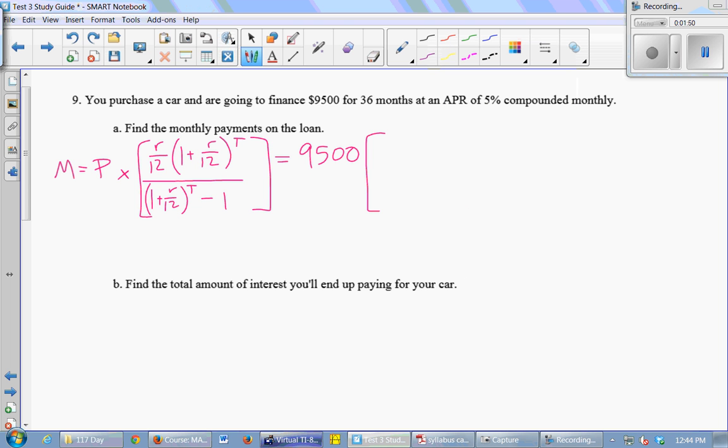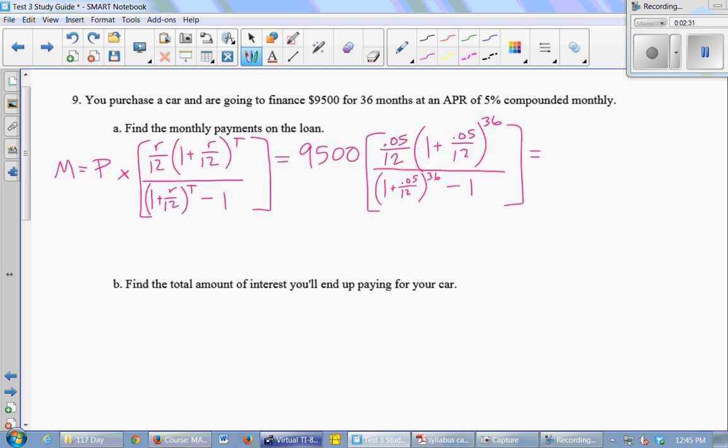I think I'm just going to leave it as 0.05 over 12 for now, times 1 plus 0.05 over 12. Capital T is the total number of payments I'm going to make. So if I'm going to make monthly payments for 36 months, that means I'm going to make 36 payments. For 3 years, I'm paying monthly payments. And then this is going to be 1 plus 0.05 divided by 12 to the 36 minus 1.